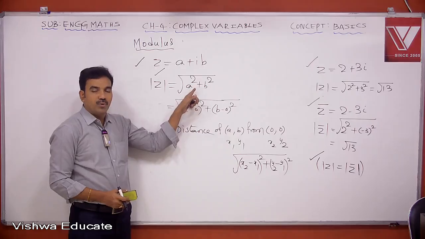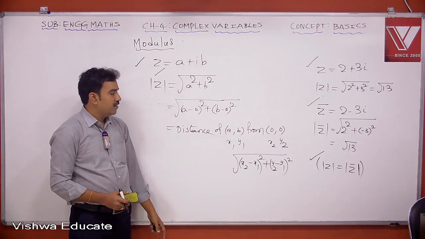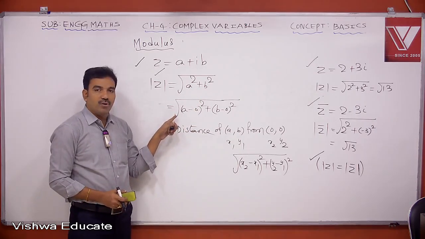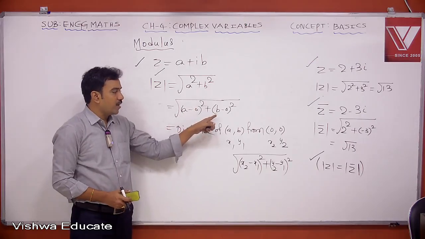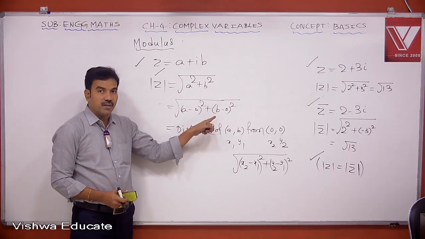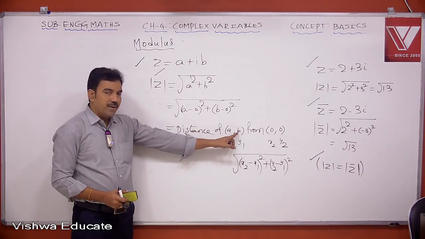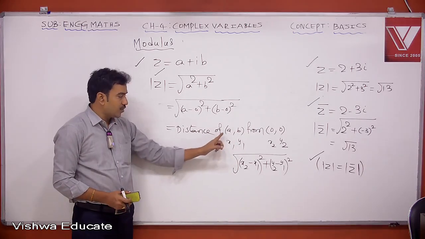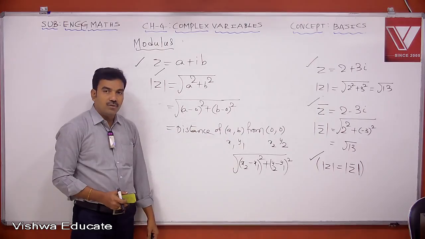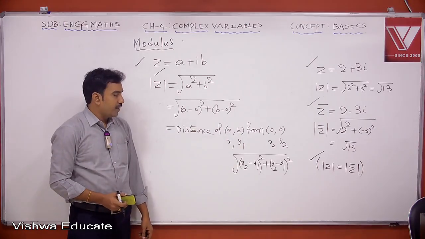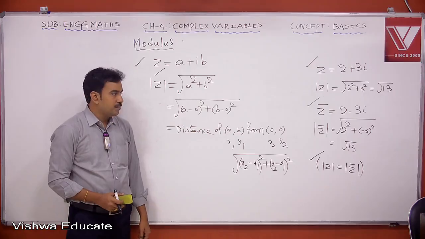That is equal to square root of (a minus 0) whole square plus (b minus 0) whole square. This is equal to the distance of the point (a, b) from (0, 0).